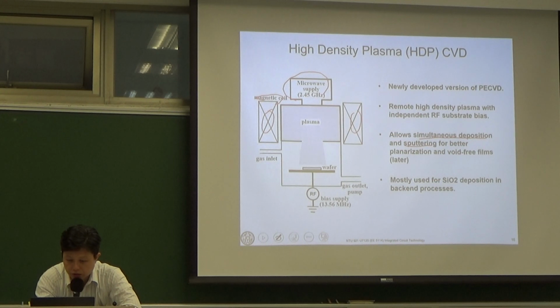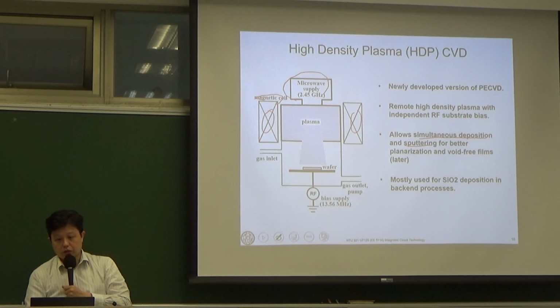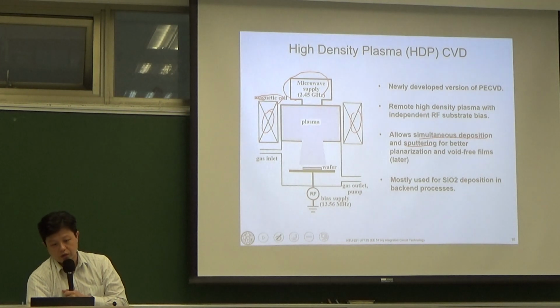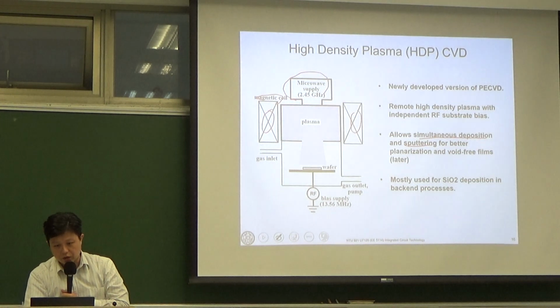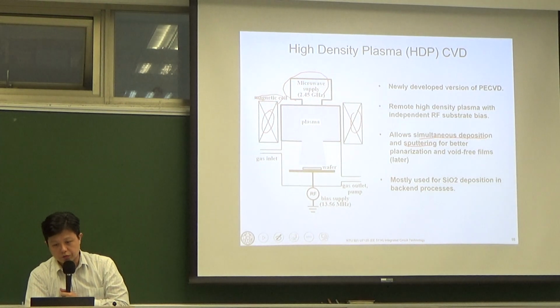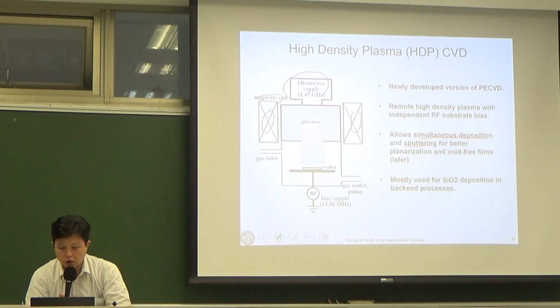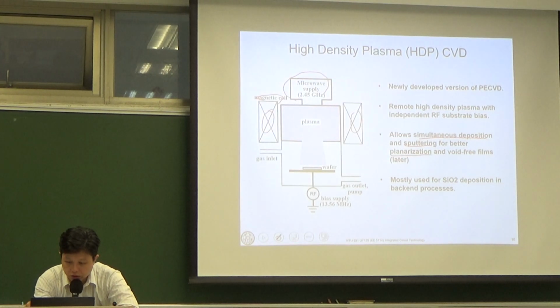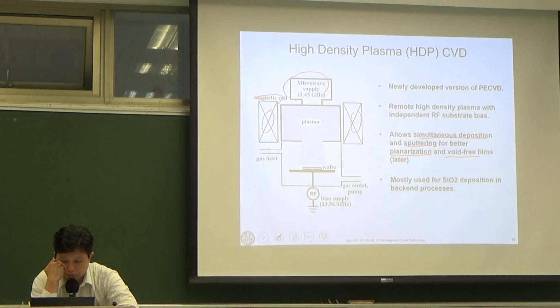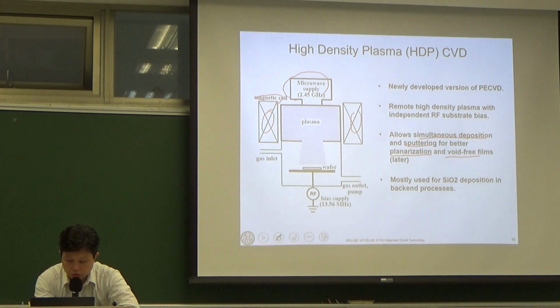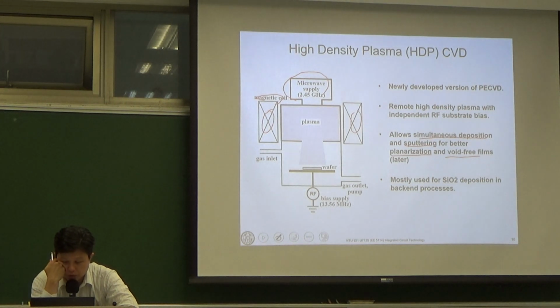The sputtering will have a higher etching rate at the corner of your film, so that will help you planarize and fill the void, to have void-free films. Okay, so we will come to this later.